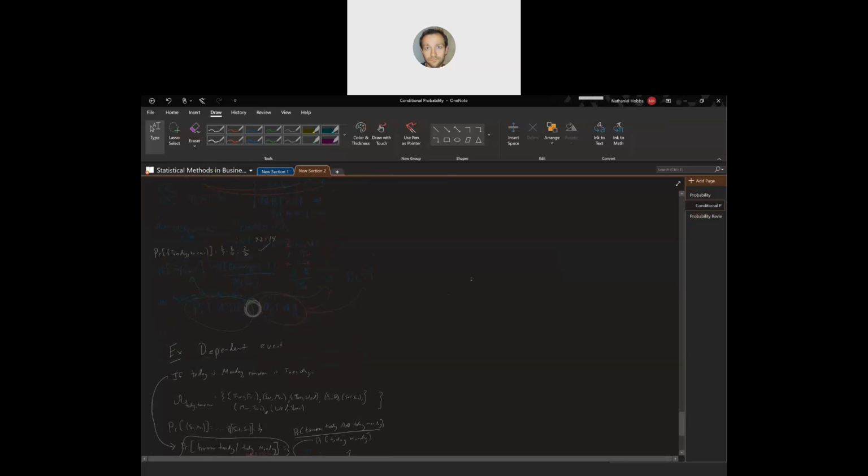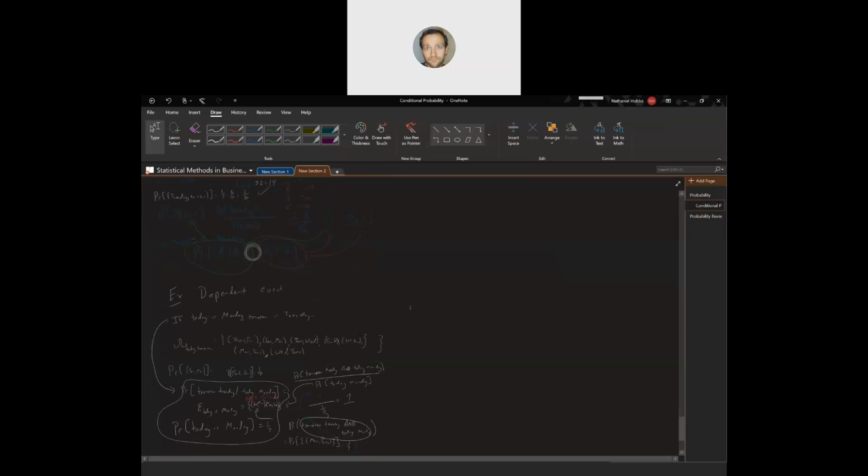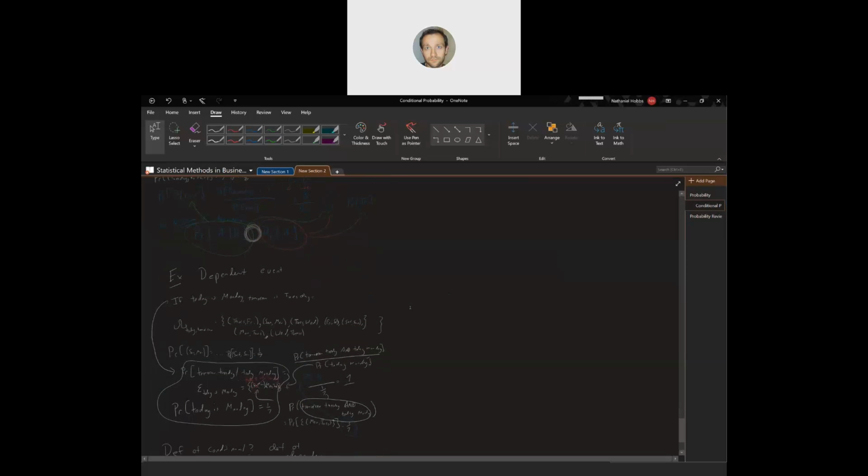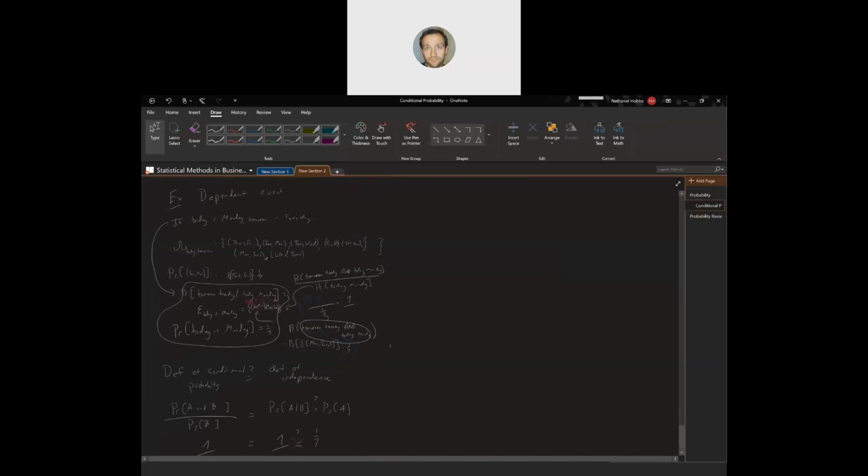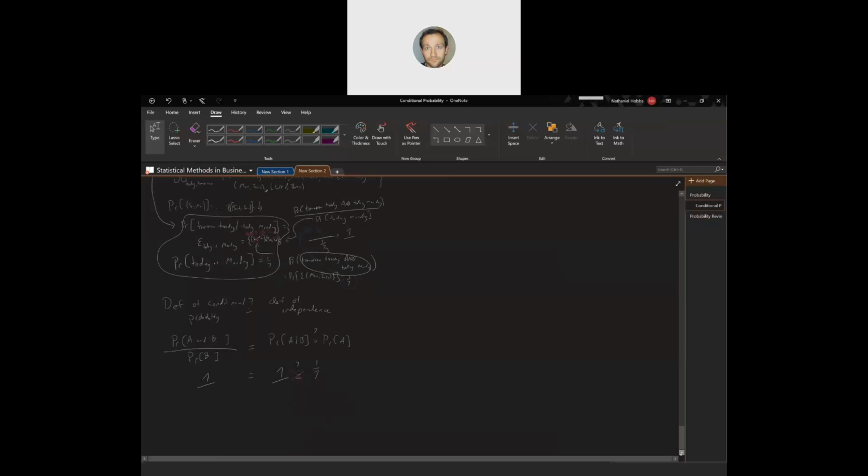We talked about a new definition of independence. Independence has 2 different definitions. You can use either one of them.